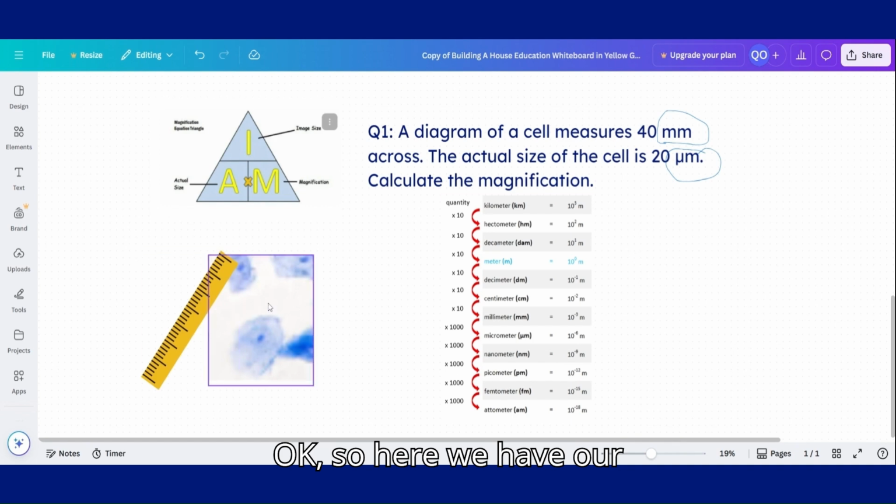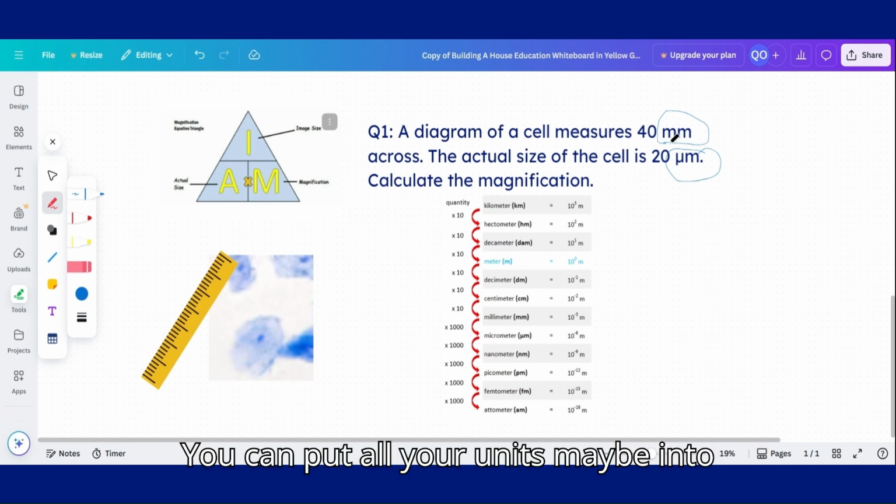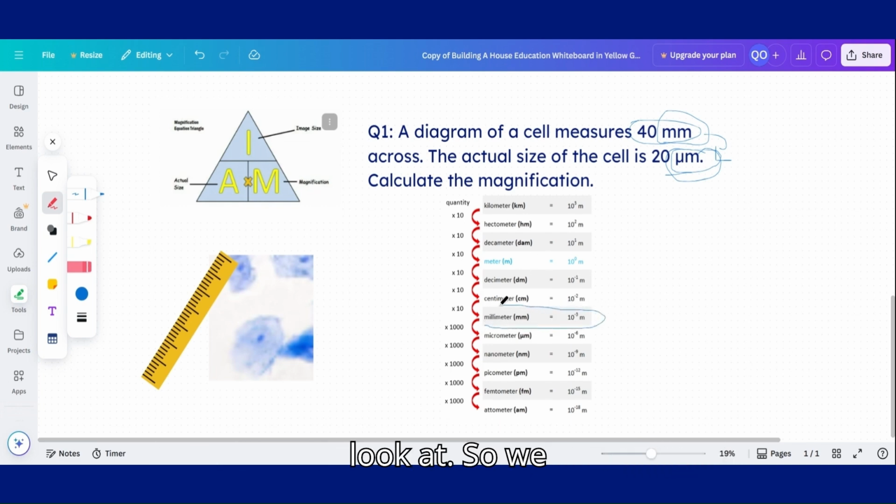Okay, so here we have our conversion chart. You can put all your units into micrometers or into millimeters, as long as they are in the same unit. So let's say we want to put all our units into micrometers. We need to convert this 40 millimeters into micrometers. How do we do that? We see here's the one we are going to look at.